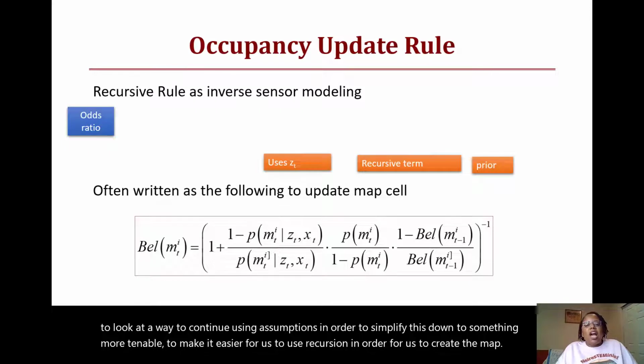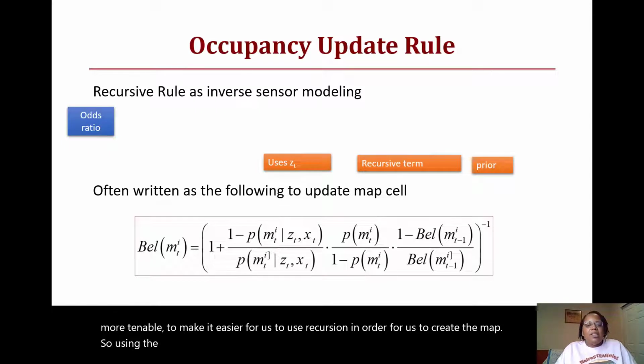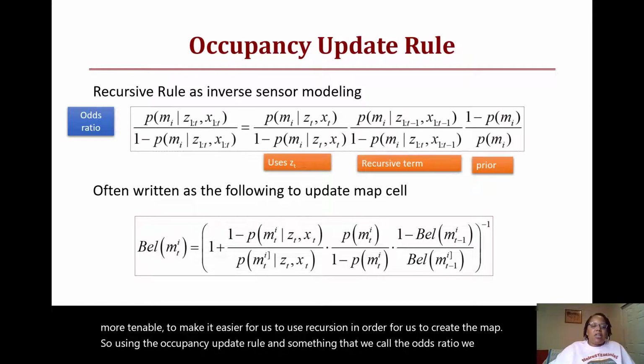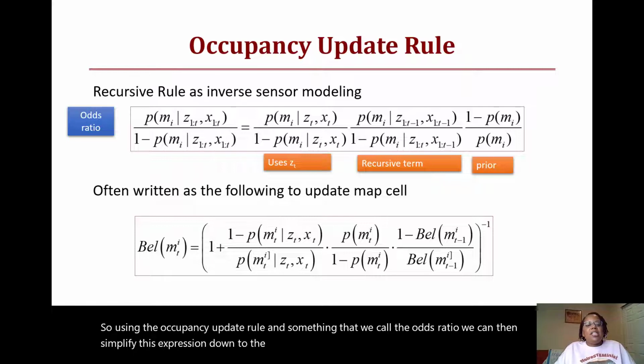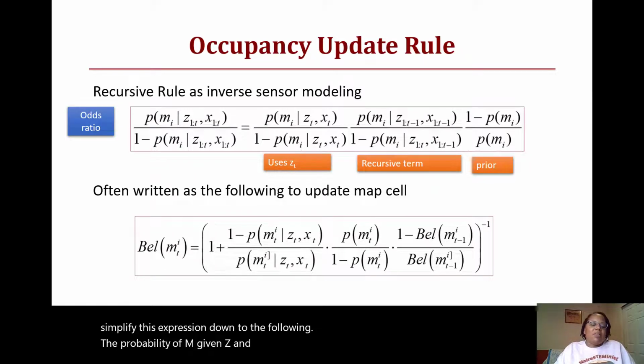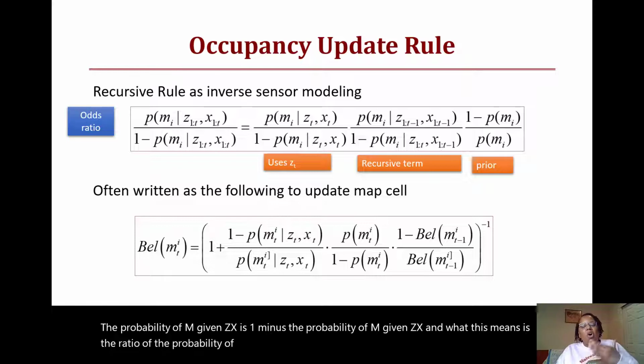Using the occupancy update rule and something that we call the odds ratio, we can simplify this expression down to the following: the probability of m given z and x over 1 minus the probability of m given z and x. What this means is it's the ratio of the probability of that cell being occupied over the probability of that cell not being occupied.